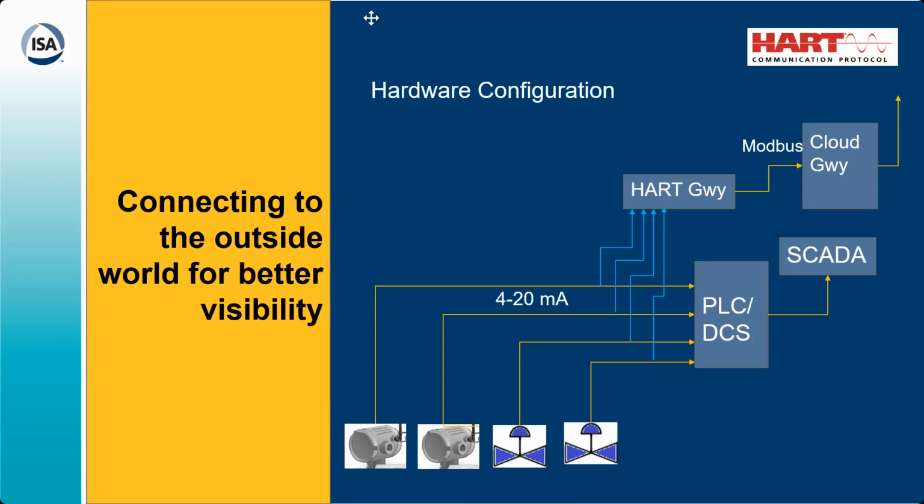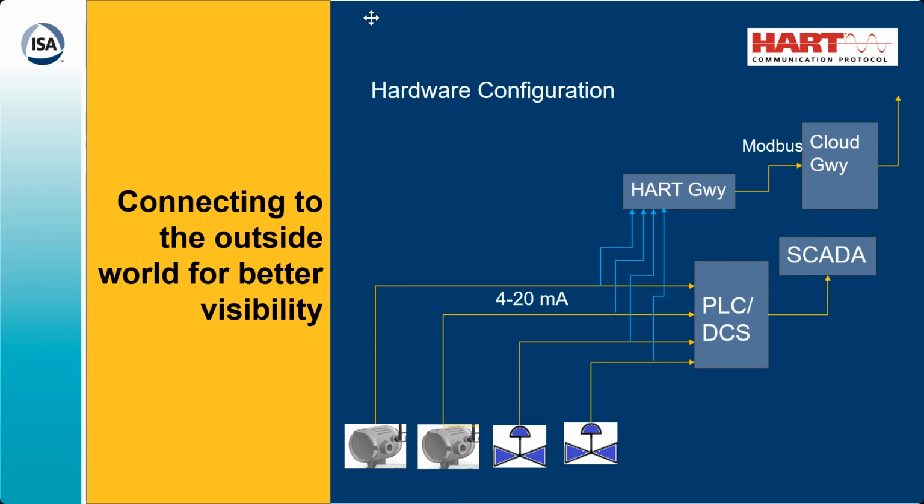Plus, when you use the HART gateways, you don't need to disturb your existing 4-20 milliampere current. You can still use the HART gateways to connect to the cloud and you can get analytics easily.